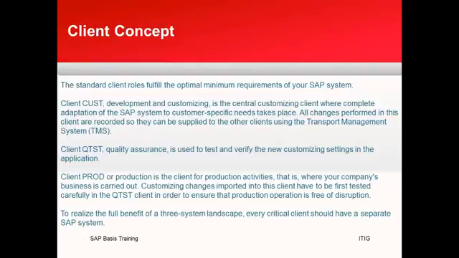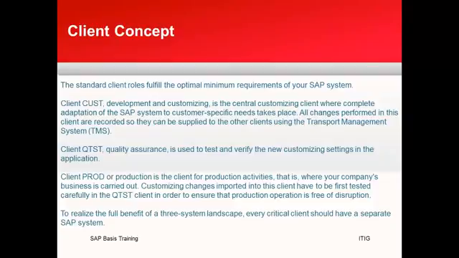Client PROD, or production, is the client for production activities, where your company's business is carried out. Customizing changes imported into this client have to be tested carefully first in order to ensure that production operation is free of disruption.